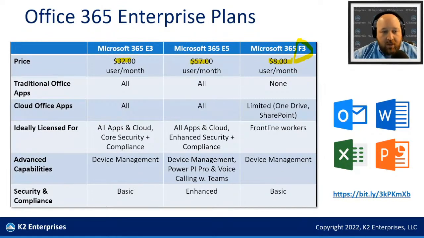They just have more around security management, authentication, bigger business tools and services. Those are going to be the big things that make a difference between them. And the $57 a month plan also includes premium stuff like voice calling with Teams, so you can use it as a phone system for your company. It's going to have a Power BI Pro license, it's going to have advanced device management and more.